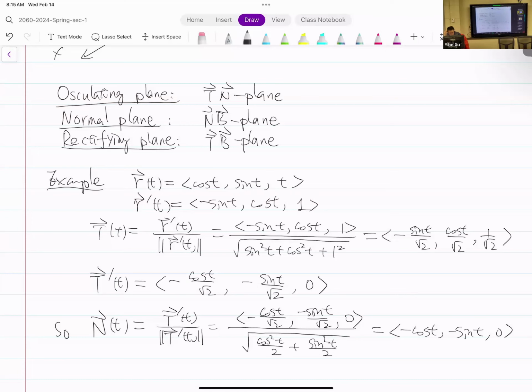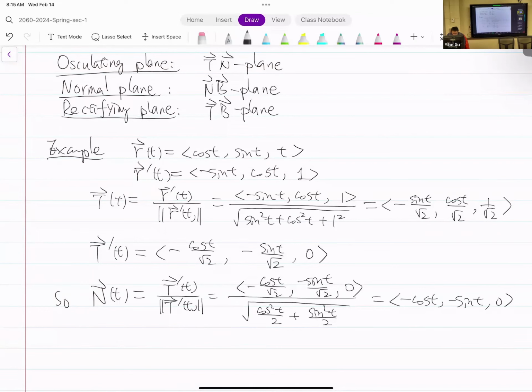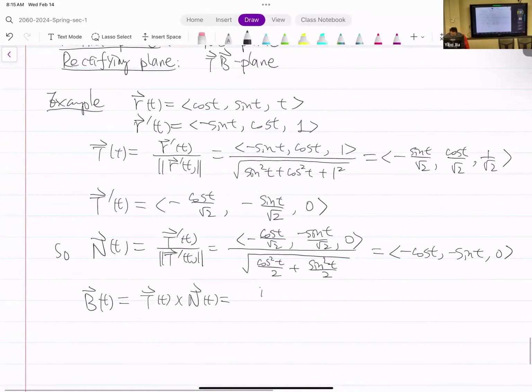So finally, the binormal vector is just going to be the cross product. Okay? So B is T cross N. By definition, we're going to put down T and N as the second and third rows.